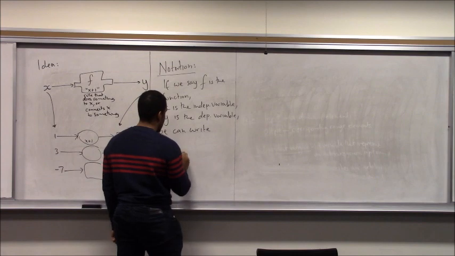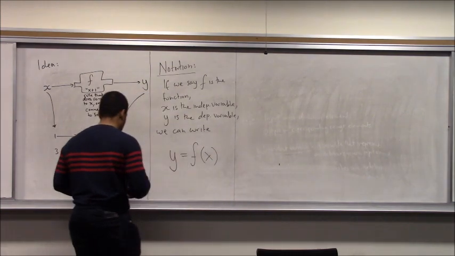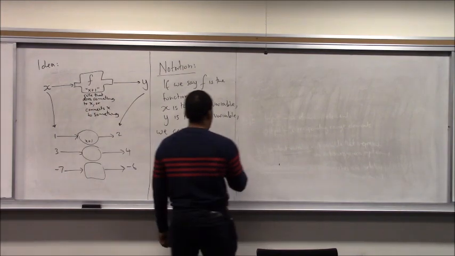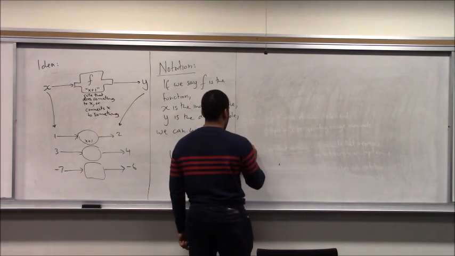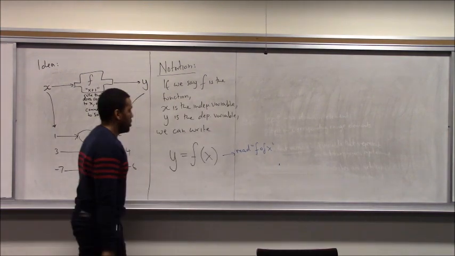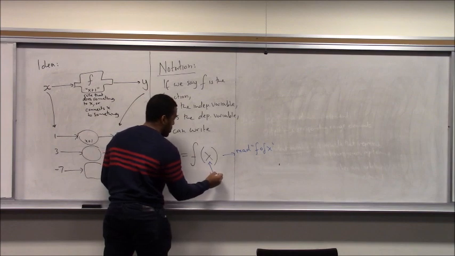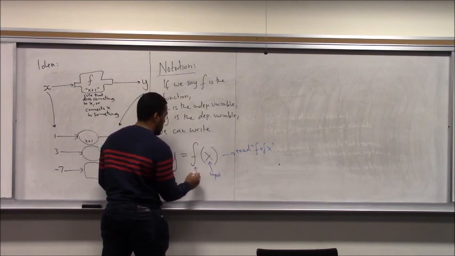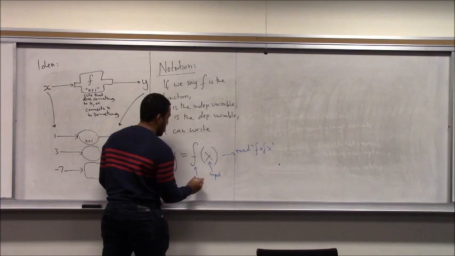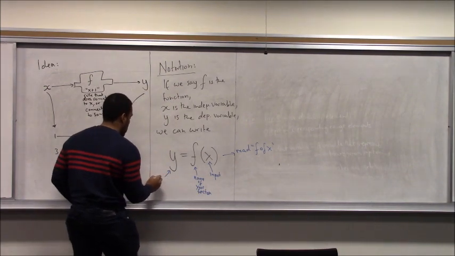You can say y is equal to f of x. So this is f of x, where x you consider as the input, f is the name of your function, and y is the corresponding output.